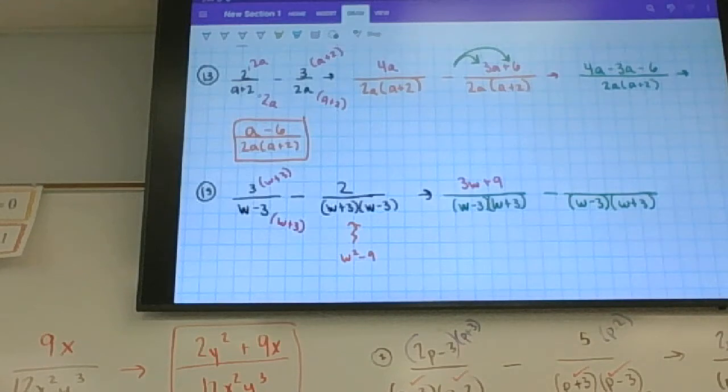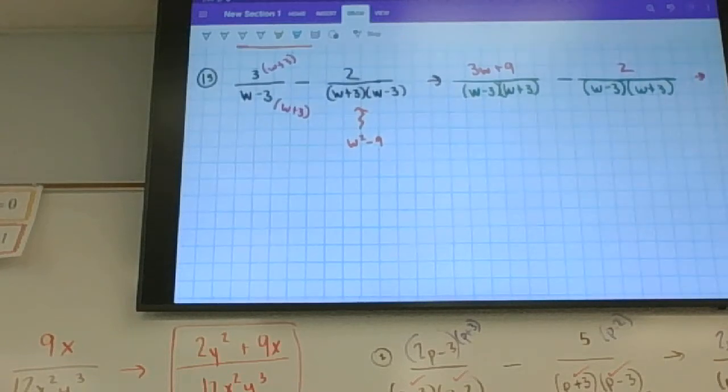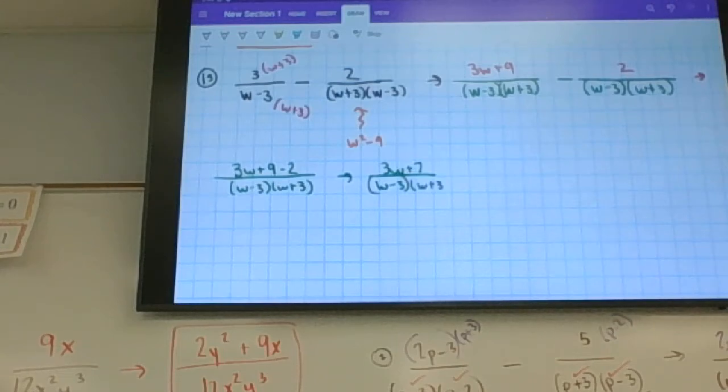So it's 3W plus 9 minus 2 minus 3 plus 3. Did I go too fast?